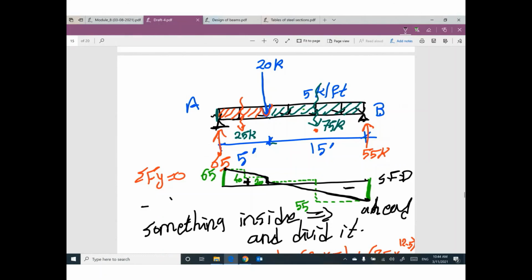Brock, any question for this step? No, sir. That's great. Thank you. So when you first go up 65 and then go down 25, over that 2.5 length, you go slanted. It's not straight, correct? Basically, in the shear force diagram you're always going to go down slanted because there's distributed load, right?